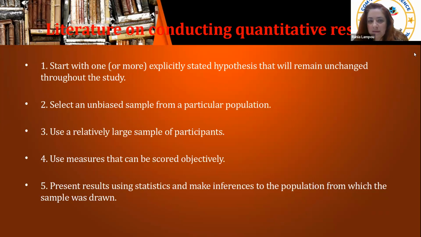Another important thing: use measures that can be scored objectively. That could be a multiple choice achievement test, or some questionnaires, attitude scales, personality scales, with choices that participants mark. Present results using statistics and make inferences to the population from which the sample was drawn.